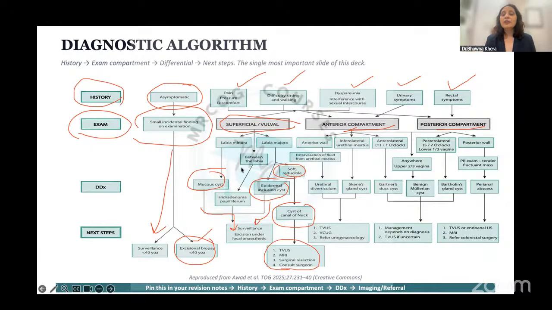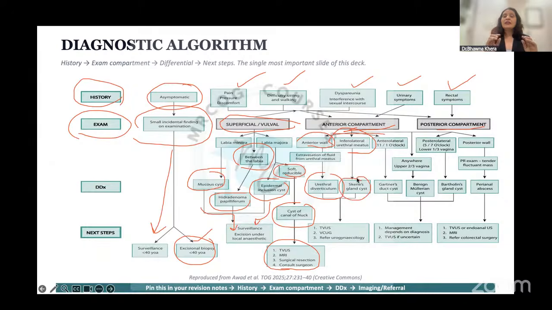Now, between the labia, it can be hidradenoma papilliferum, for which the same surveillance and excision is required. The anterior compartment has the urethra and the surrounding glands. If it is the anterior wall, it can be a urethral diverticulum. Inferolateral to the urethral meatus on both sides, you can suspect the Skene's gland duct.